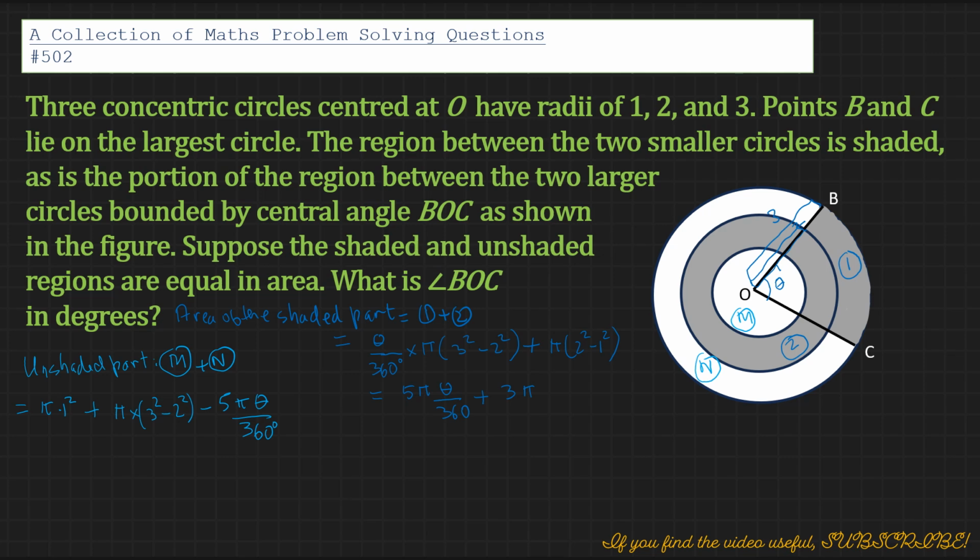So that would equal pi plus 3 squared, 9 minus 4, so that's 5 pi minus 5 pi theta out of 360 degrees.